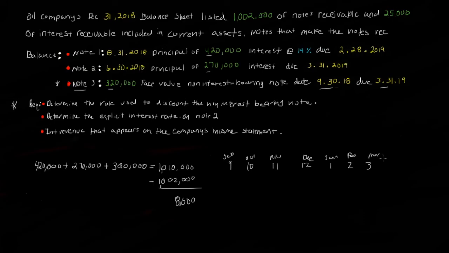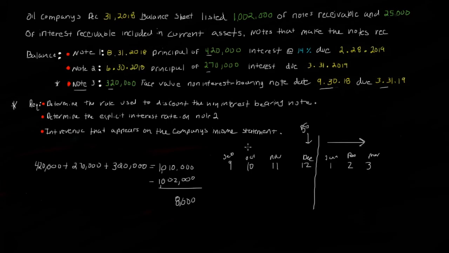March. Okay, so something very important is that up here it says the balance is listed as of December 31st, 2018. So we can go ahead and stop here because this is the balance sheet date. So it doesn't record anything that happens past that date.